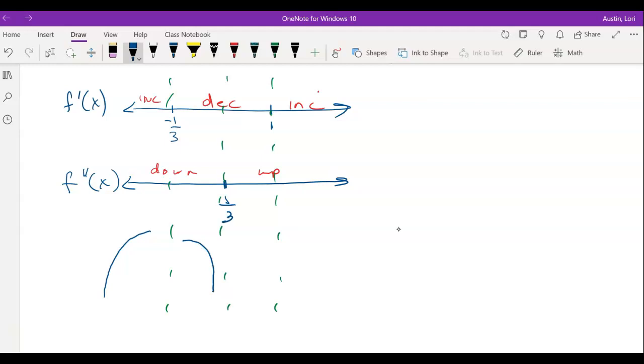You can start to see, hey, there's a maximum there, right? Next one. I'm still decreasing, but now I am concave up. Decreasing, but concave up. So you've got to get these scenarios down. And in the last one, I am increasing and concave up.